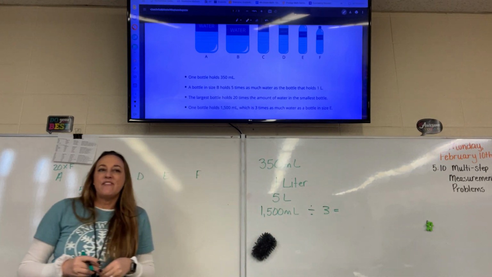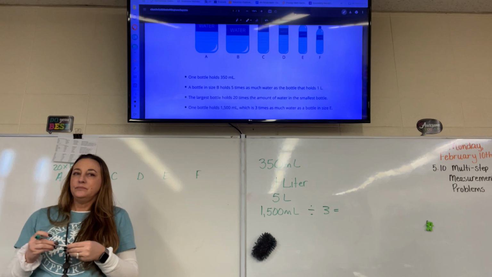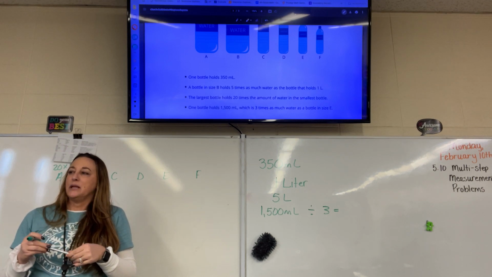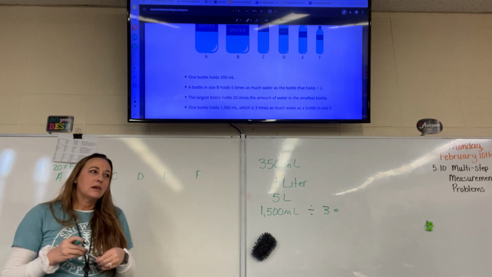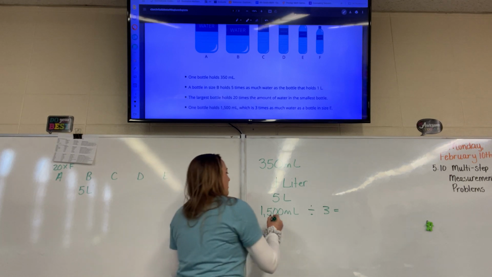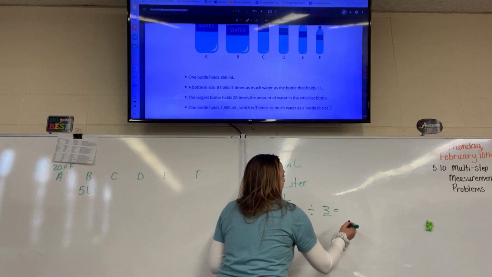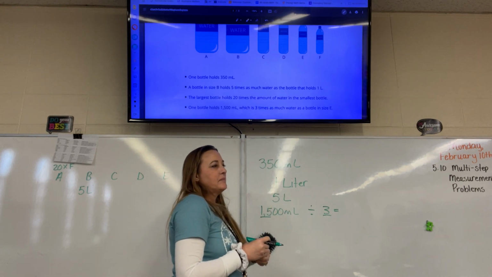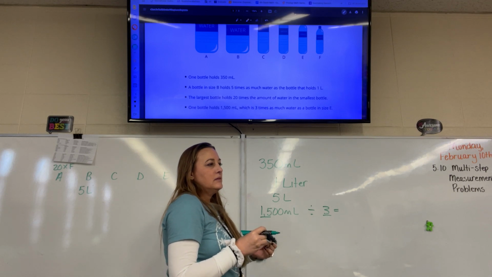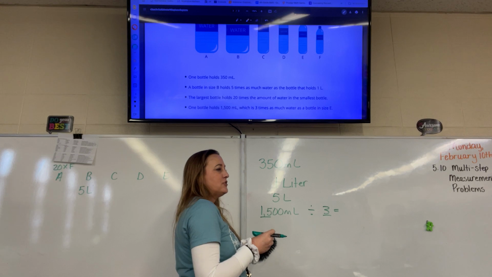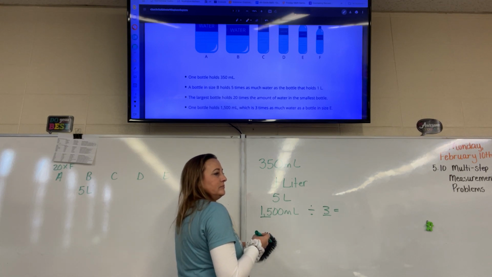What's our basic fact? 15 divided by 3. 15 divided by 3 equals what? So if you have 15 and you split it into 3 groups, how much is in each group? 5.